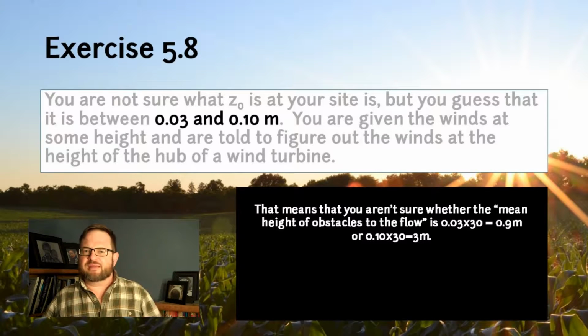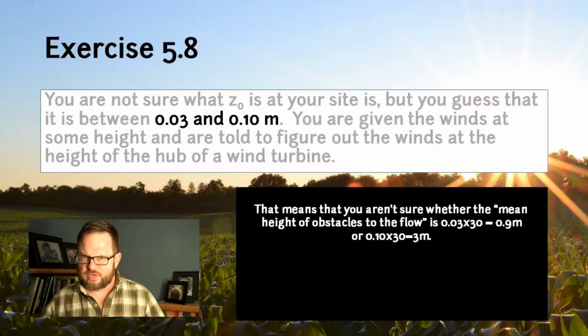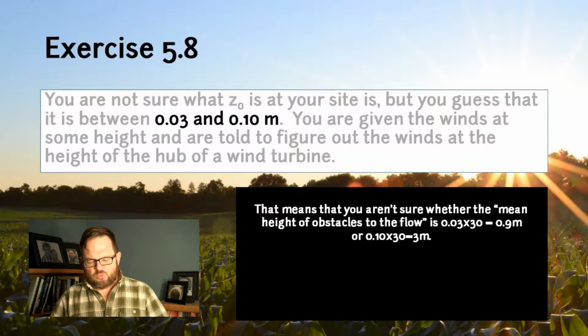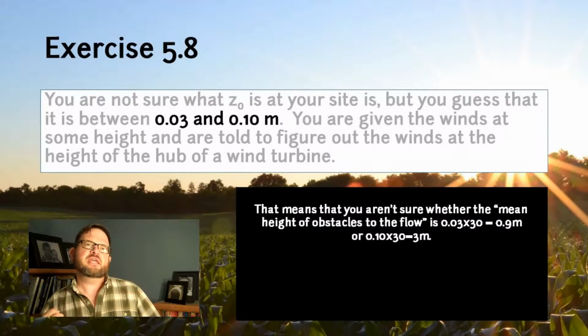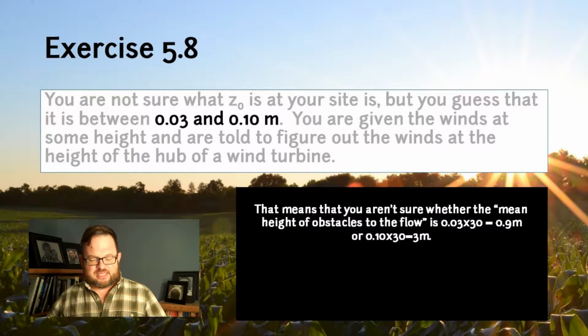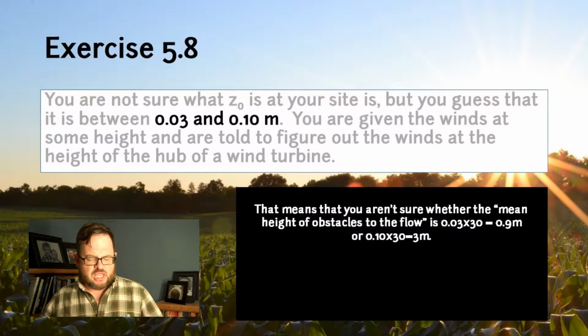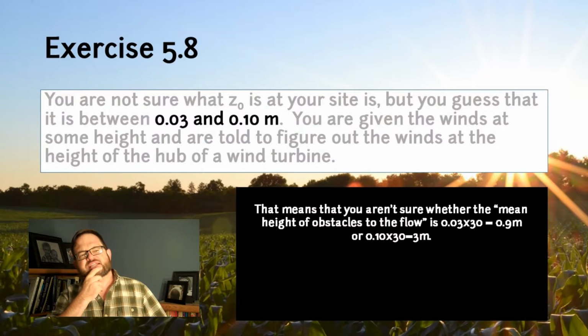You're going to see in a little bit I'm not loving this word obstacles to the flow anymore. But if the aerodynamic roughness length could be as little as 0.03 meters, that means the average obstacle to my flow is 0.9 meters. If it could be as much as 10 centimeters, 0.10 times 30 is 3 meters.